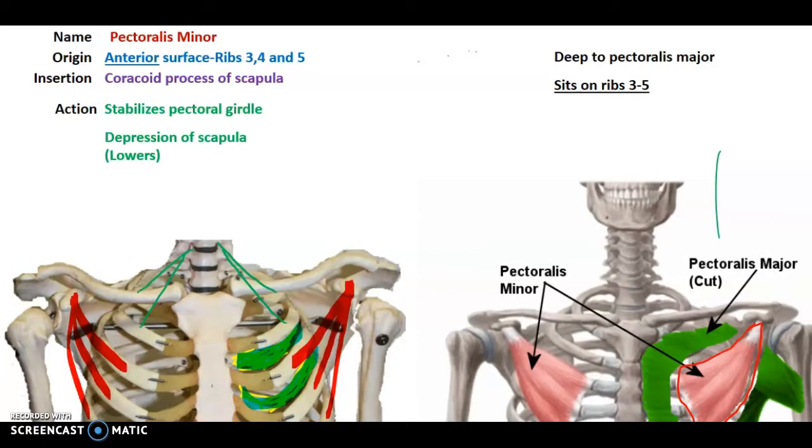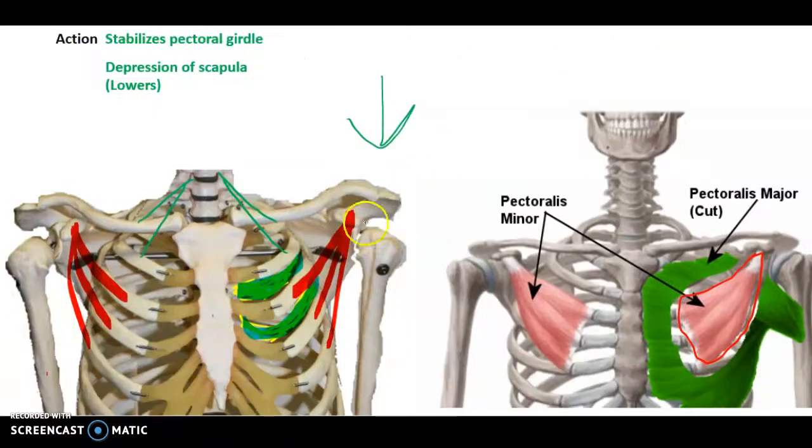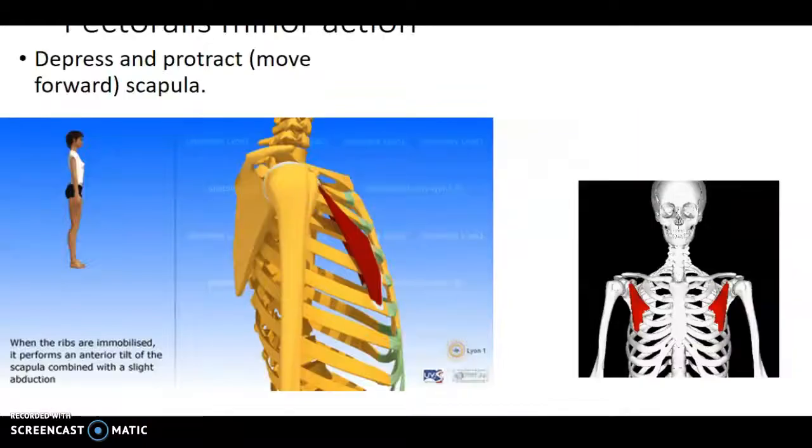And it's going to stabilize the pectoral girdle while you're throwing, moving your arms, swimming a 10K, something like that. It also depresses or lowers the scapula, so it makes the scapula go downwards. So that's the action we're going to learn. When we get to the respiratory chapter, we're going to find it's evil and acts on its origin.